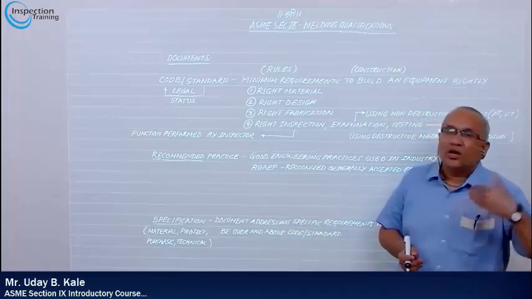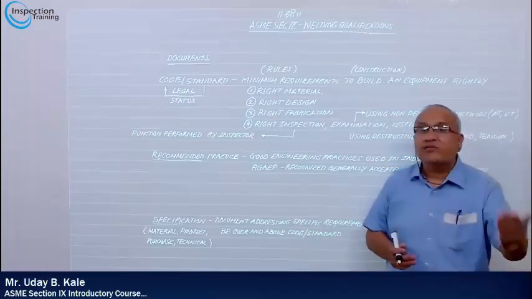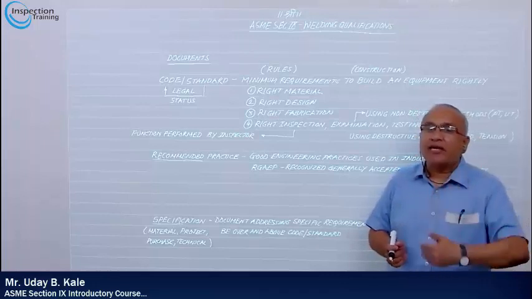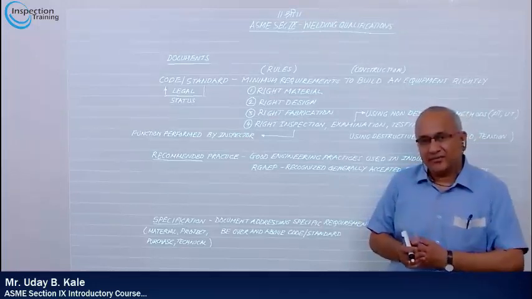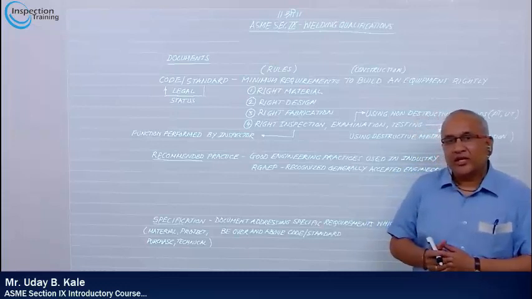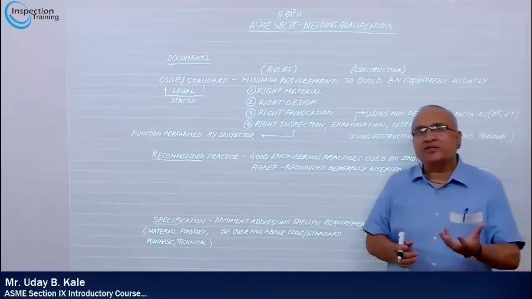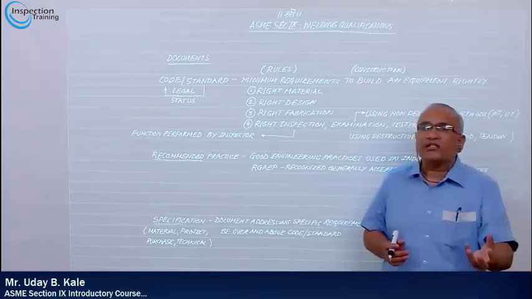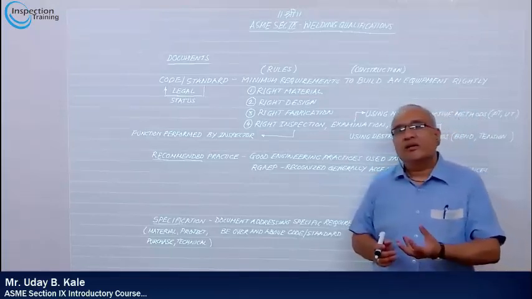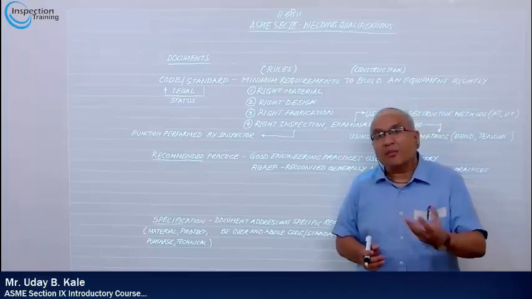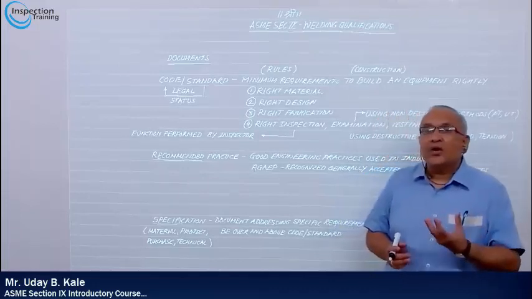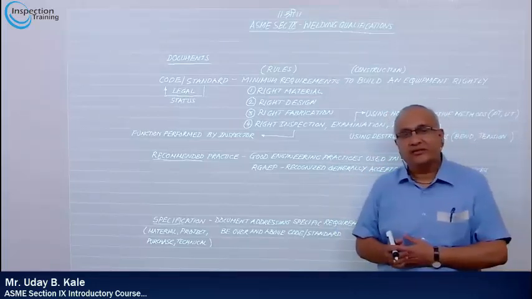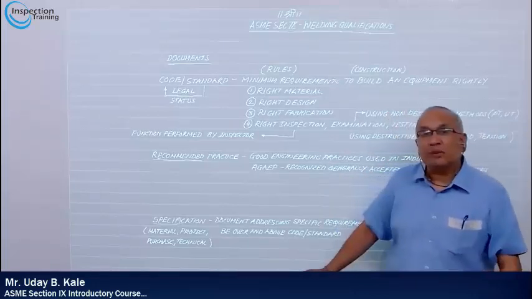When you order any plate, you specifically order your application plate material. You may have a material specification which specifies the mechanical properties, chemical properties of the material, and what are the delivery conditions. So this is specification.